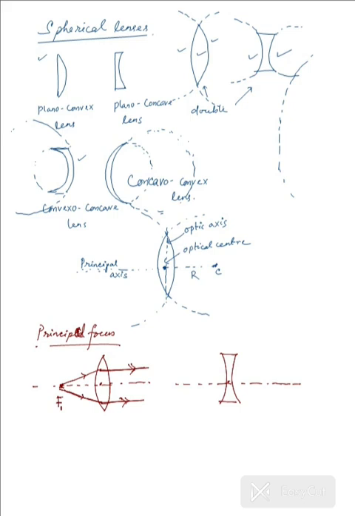Then if we have two rays which were to meet at a certain point on the principal axis, had there been no refraction, they were to meet at this point on the principal axis had there been no refraction, but they are refracted and then rendered parallel with respect to the principal axis.